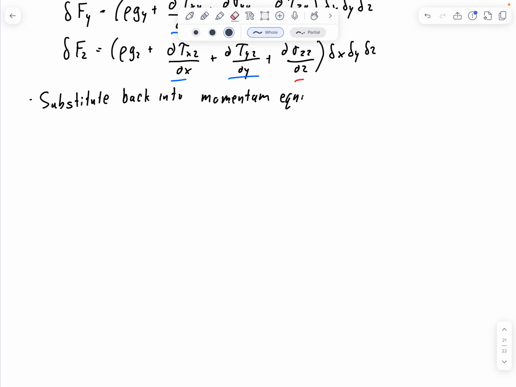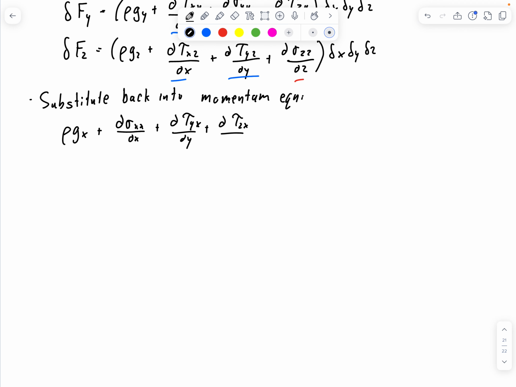Okay, so when we do this, we end up with rho gx plus del sigma xx by del x plus del tau yx by del y plus del tau zx by del z is equal to rho times u, so here's our acceleration term, del u by del x plus v del u by del y plus w del u by del z plus our local acceleration del u by del t.